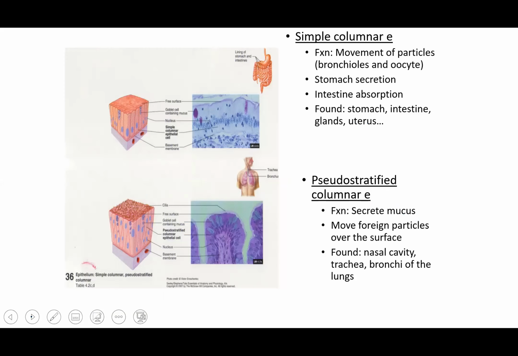Okay, simple columnar epithelium. So simple, there's your one cell layer thin, and it's shaped like a column. And you find these in the gastrointestinal system. So your stomach, your small intestine, your large intestine. Okay, it's one cell layer thin, so absorption, secretion, because it has glands. Okay.